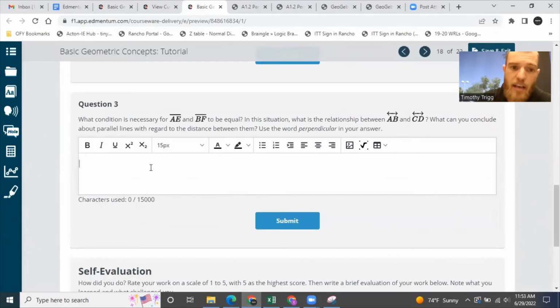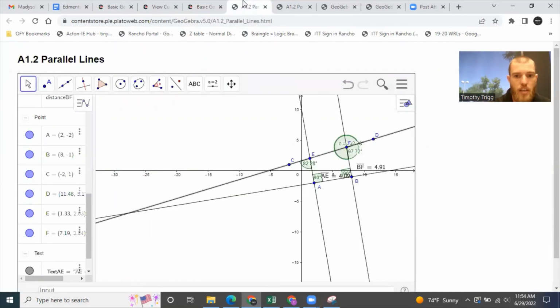What condition is necessary for AE and BF to be equal? In this situation, what is the relationship between AB and CD? What can you conclude about parallel lines with regard to the distance between them? Use the word perpendicular in your answer. So, in order for AE to equal BF, we should say that CD needs to be perpendicular to FB.